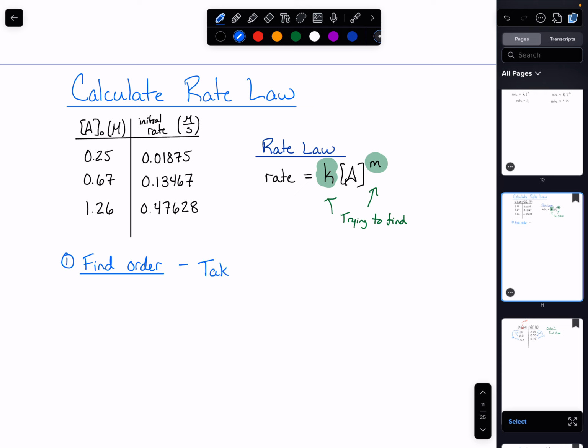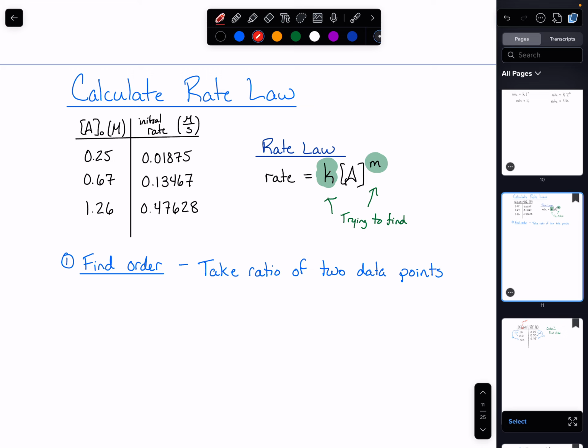We're going to take the ratio of two data points. All right, so what the heck do I mean by that? All right, we're going to grab two data points, not one, because that won't get us anywhere. We got too many missing variables. We're going to have to grab two data points from this table up here.